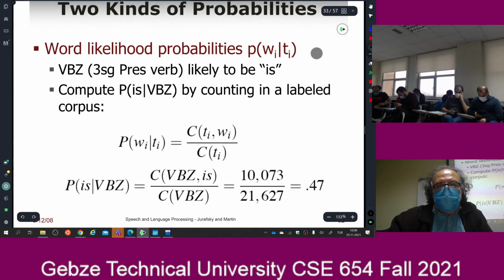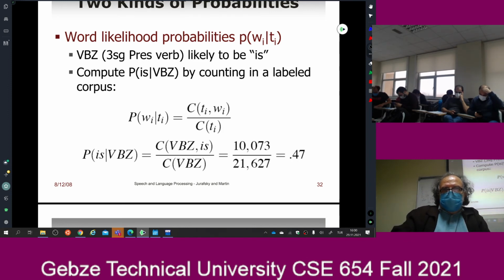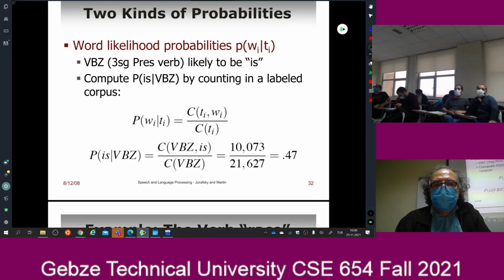The other kind of probability is the word likelihood probability. Given the tag, what is the probability of the word? So how many times have I seen this tag, VBZ? What is VBZ? Verb, third person singular present tense.